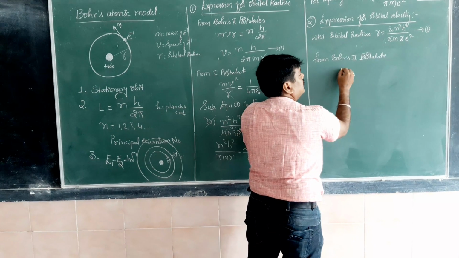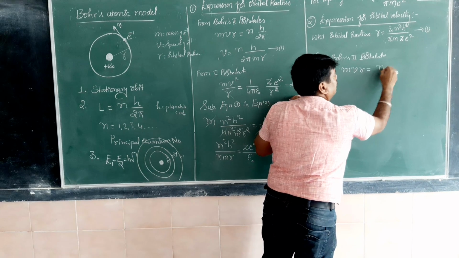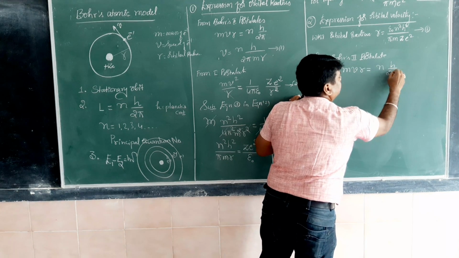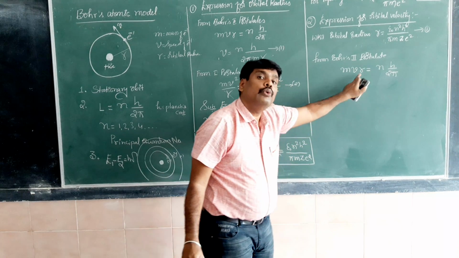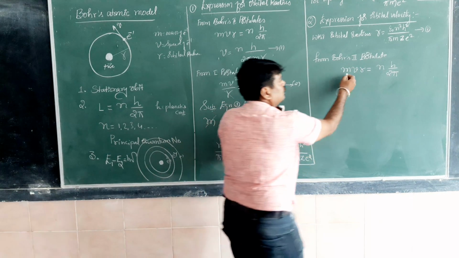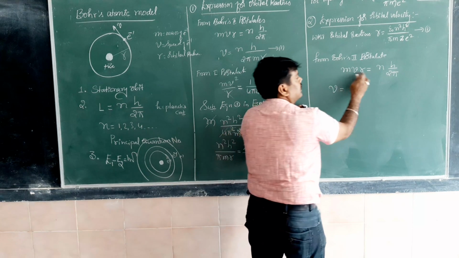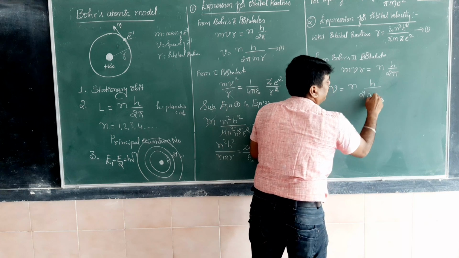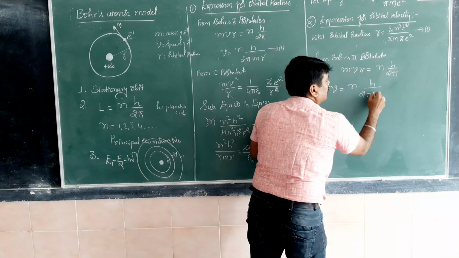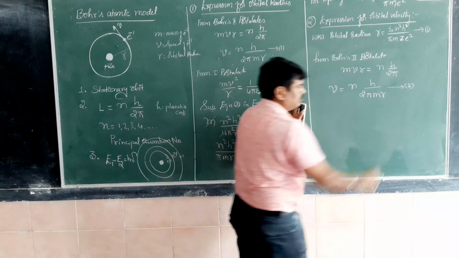So Bohr's second postulate is m v r is equal to n h divided by 2 pi. Use this formula for velocity. So the orbital velocity v is equal to n h divided by 2 pi m into r. You call this equation number 2.